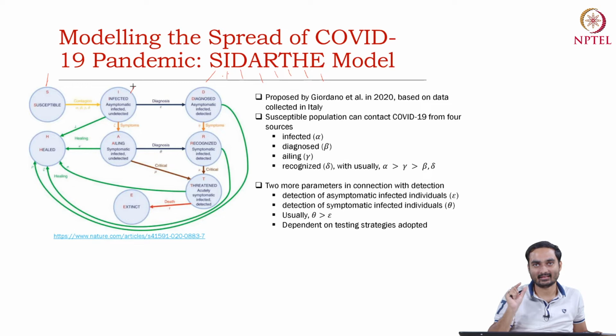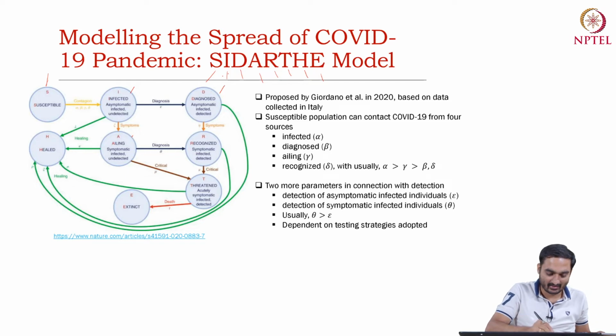D, diagnosed, is asymptomatic infected but detected. Those are safe populations, because since they are detected, the other susceptible populations would try to avoid them.